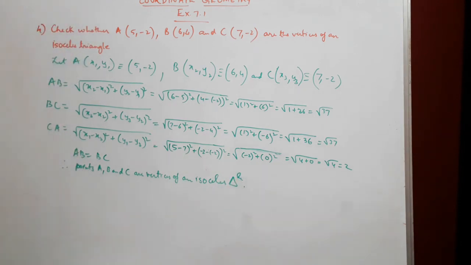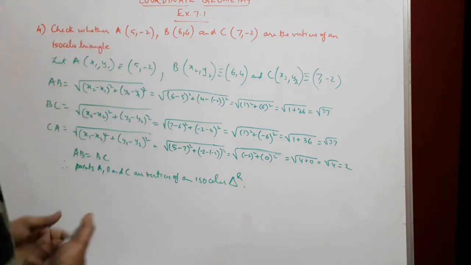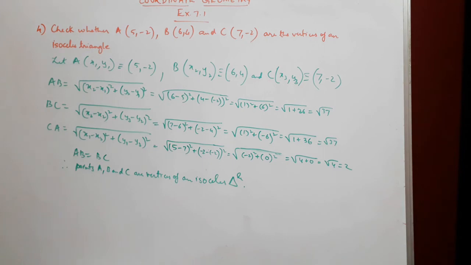So for any 2 sides, we need to show that they are equal to each other. We need to show either AB is equal to BC, or AB is equal to CA, or BC is equal to CA. Now we've got AB is equal to BC. That is more than enough to show that the points which have been given are actually the vertices of an isosceles triangle.